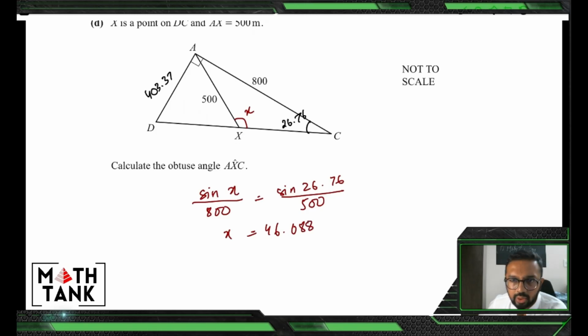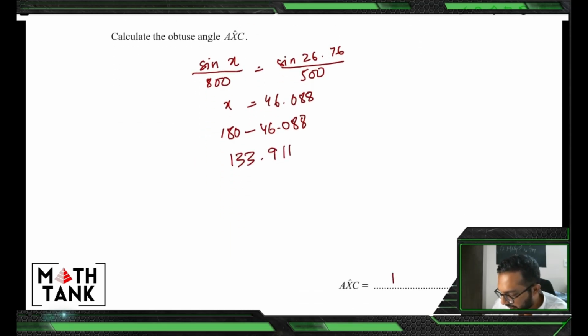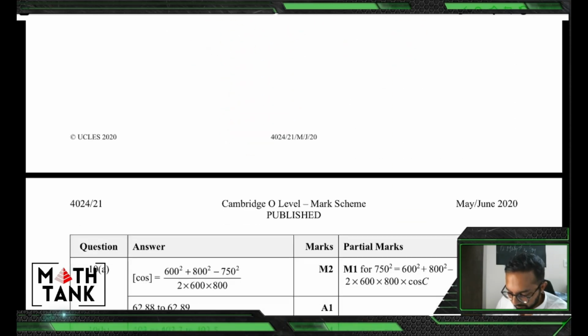But you see, that's not an obtuse angle. I was asking you for an obtuse angle. So an obtuse angle will come out if I subtract it from 180. So I get 133.911, which is 133.9 degrees.